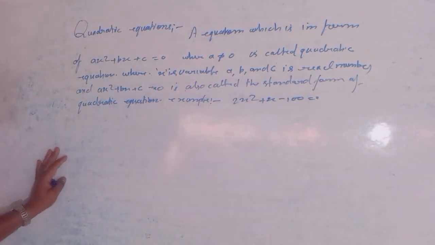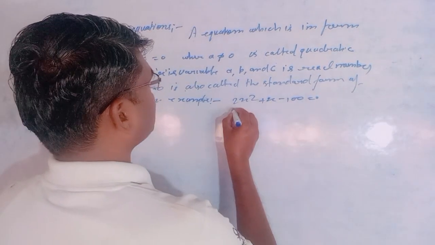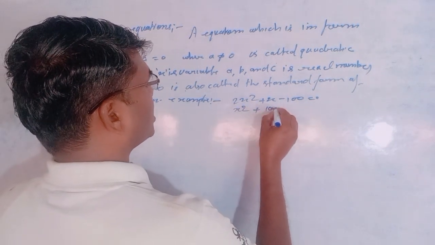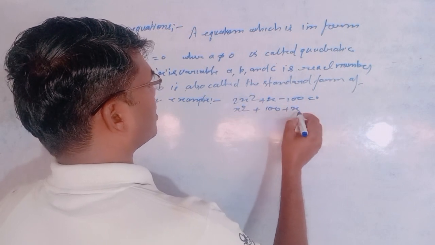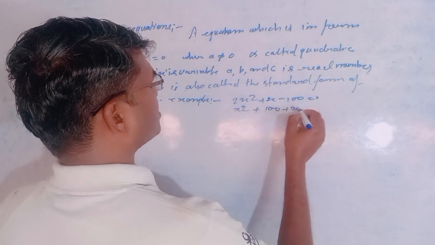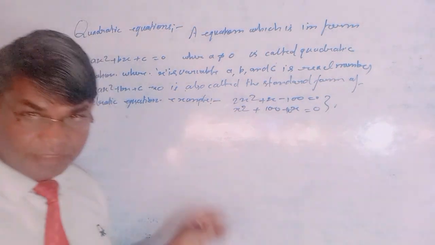So either minus or plus may be in a quadratic equation, and the right side is always 0. x square plus 100 plus x equal to 0, and 10x is equal to 0. These both are said to be quadratic equations.